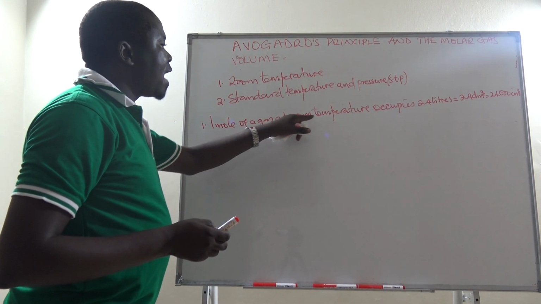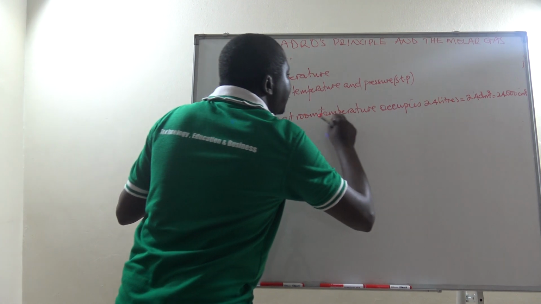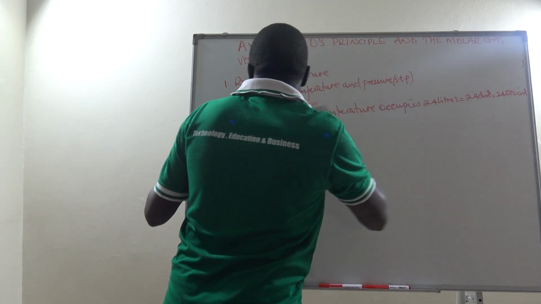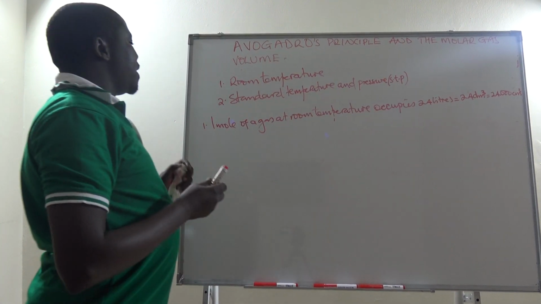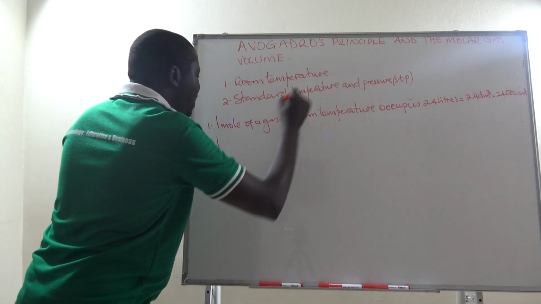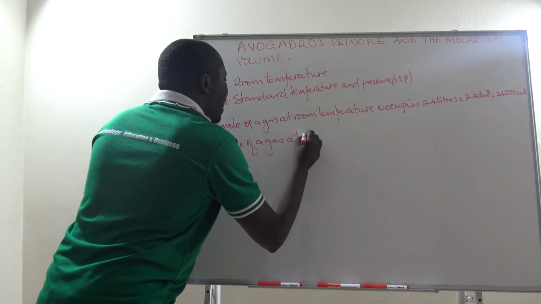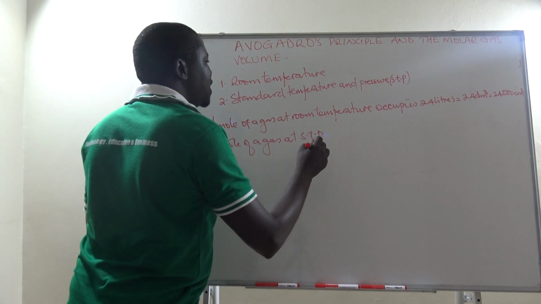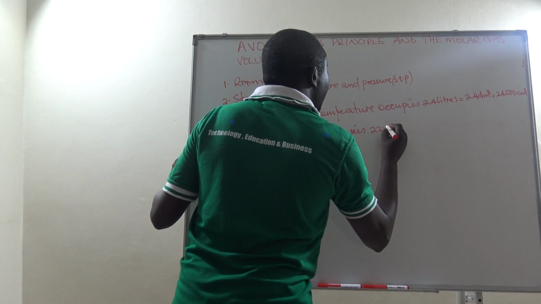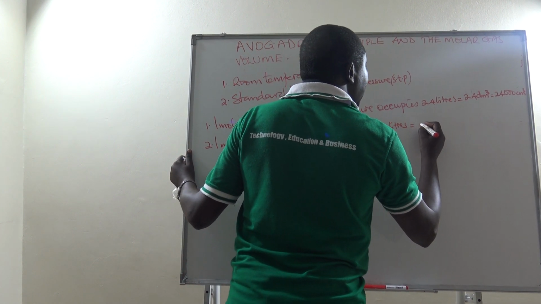So 1 mole of a gas at room temperature, equal volumes of all gases under the same conditions of temperature and pressure, has the same number of moles, the same volume. That is the molar gas volume at room temperature. Then 2, let us look also at STP. 1 mole of a gas at standard temperature and pressure, which is STP, occupies 22.4 liters, and liters in this case are the same as cubic decimeters.